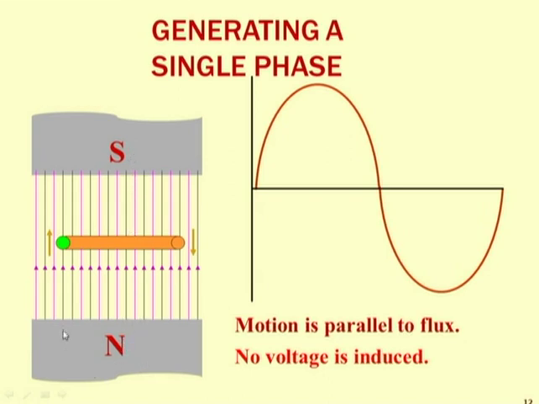Lines of flux are drawn from north to the south pole. It is fixed. The conductor is moving in clockwise direction with some constant velocity, and depending upon the position of the conductor, this is the thing that we have to observe.